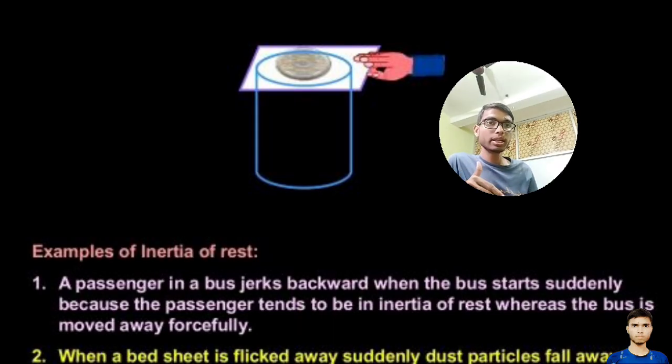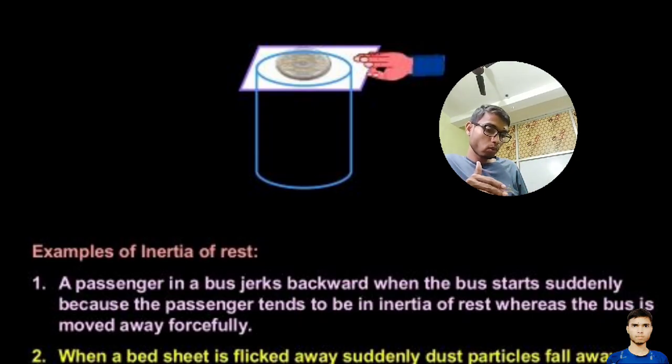The bus was already in a rest, and you were already in a rest. Now the contact of your bottom body was with the bus. Both were in a rest. But when the bus started to travel distance, then that bus came into motion. That bus came into motion, but you still were in the rest.